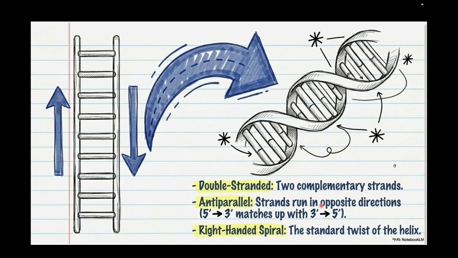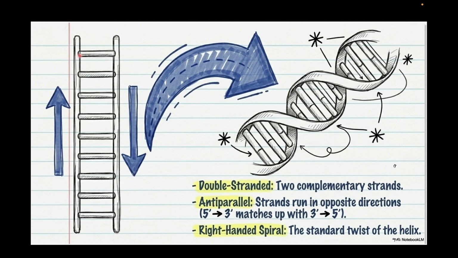So now how is the double stranded DNA made? The double strand is because of the 2 complementary strands which are anti-parallel. One strand runs from 5' to 3', the other strand runs from 3' to 5', and the twist is a right-handed helix.